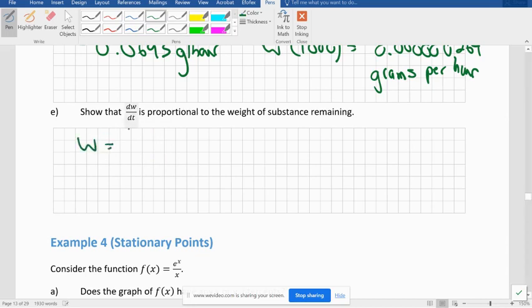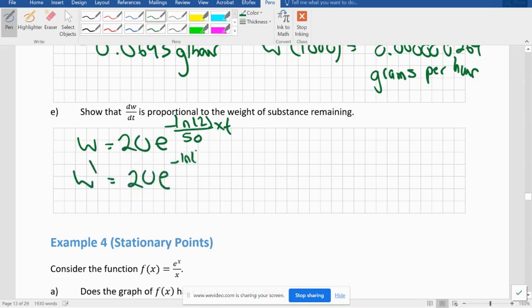So you've got W equals a bit of a mess, but we've got 20e to the minus ln2 on 50 times t. Okay, so if you do the derivative, you do exactly the same thing, and then you have to times by the constant. The constant up here is just minus ln2 over 50.